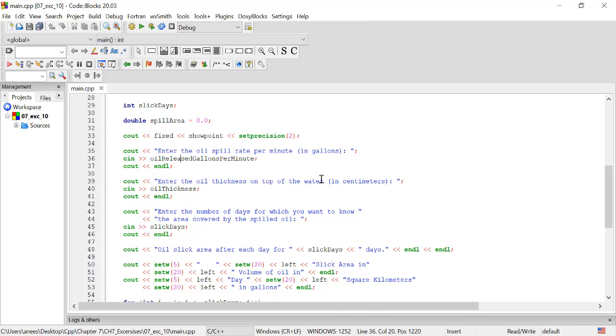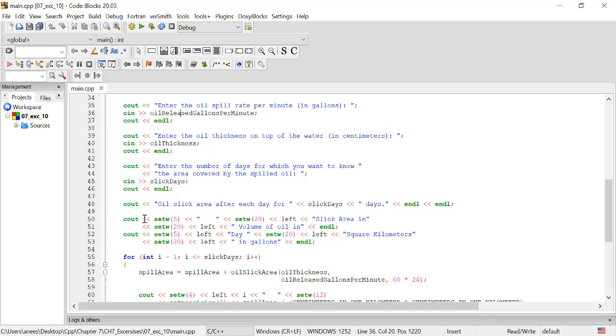And then we do all of this stuff. We use setw to put that in this. We use the setw to move around and put all of the data in columns.